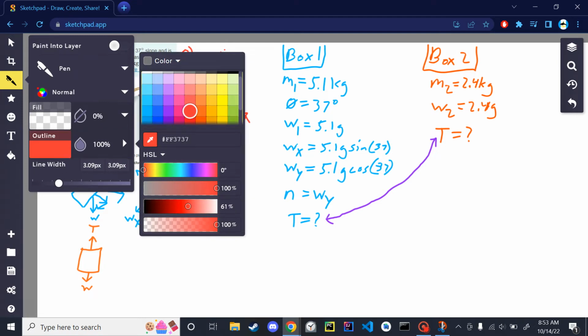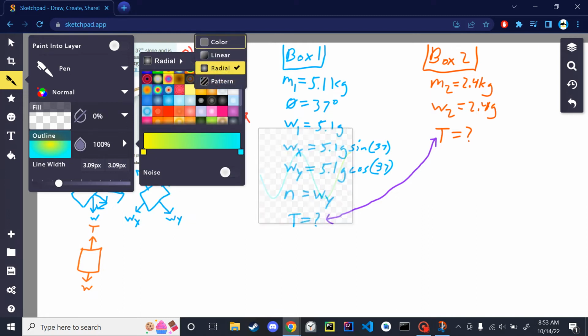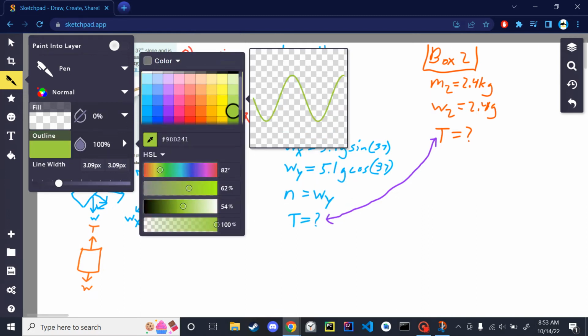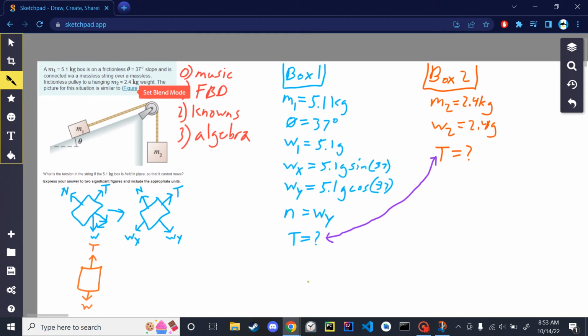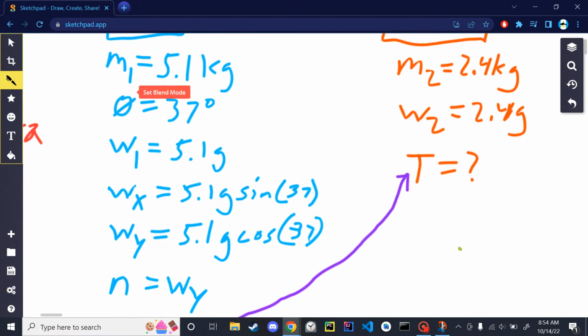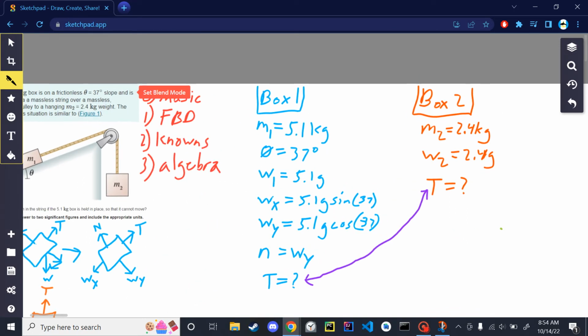So for algebra, I guess we'll do green. So let's start with block 2, because block 2 only has 2 forces acting on it.